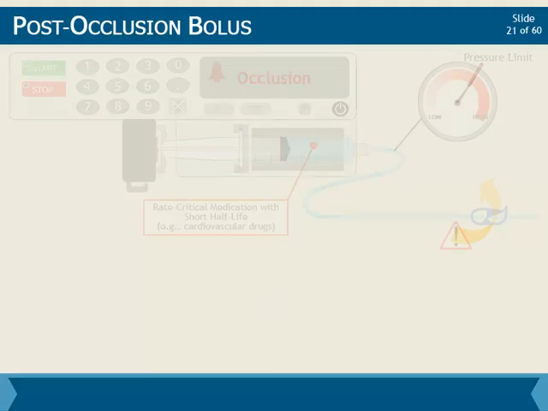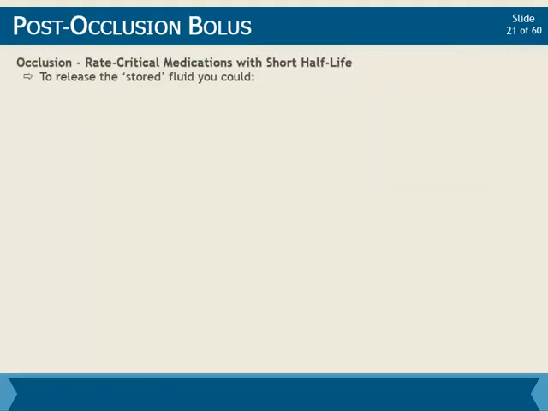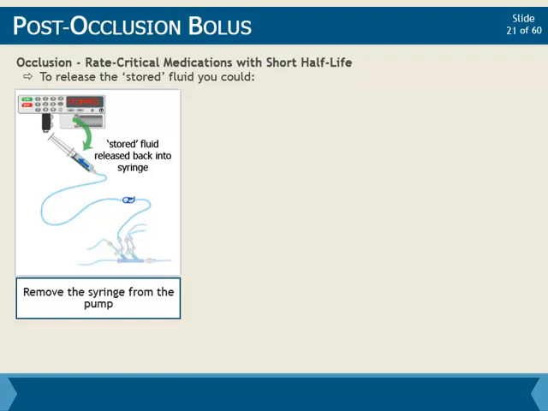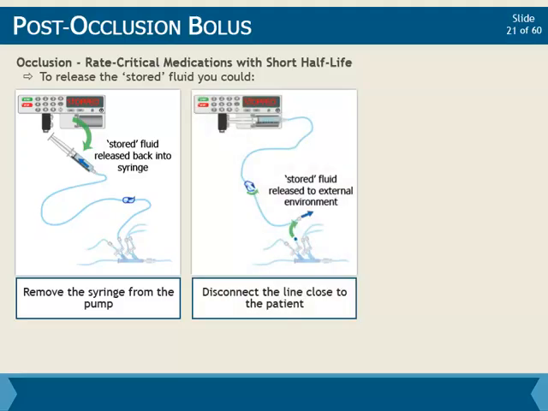In these cases, to release the stored fluid, you could remove the syringe from the pump, freeing the plunger button and allowing the stored fluid to flow back into the syringe, or disconnect the line close to the patient, then unblock the occlusion to allow the stored fluid to exit the tubing into the external environment.